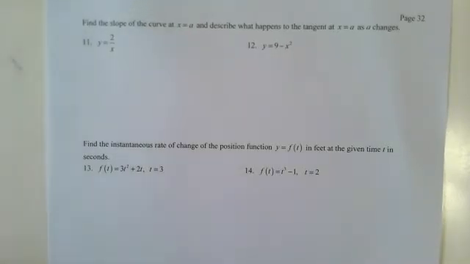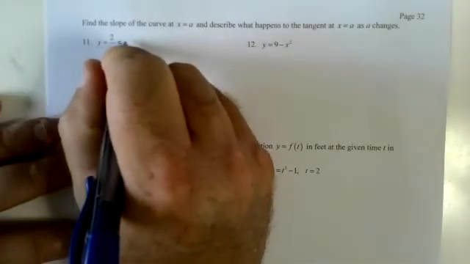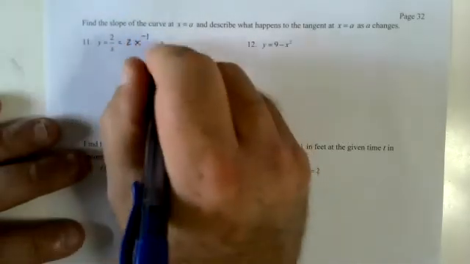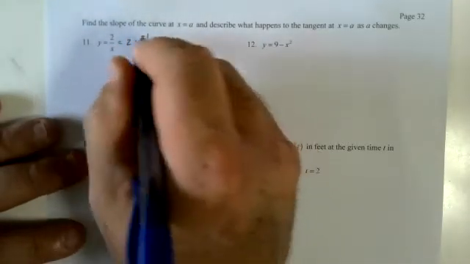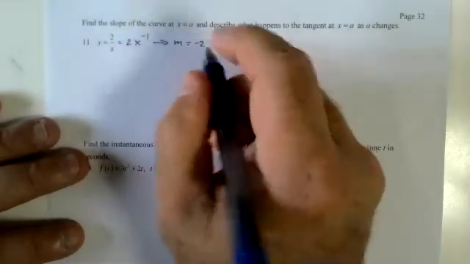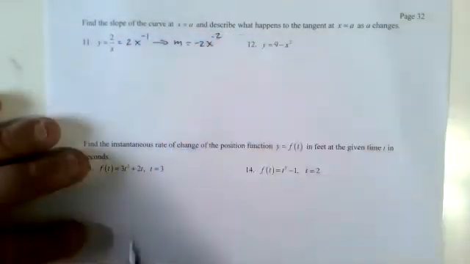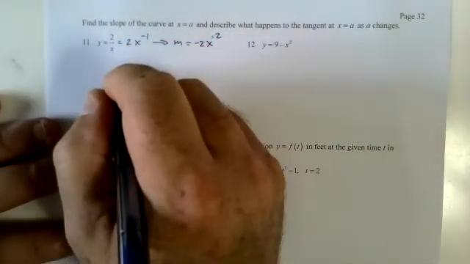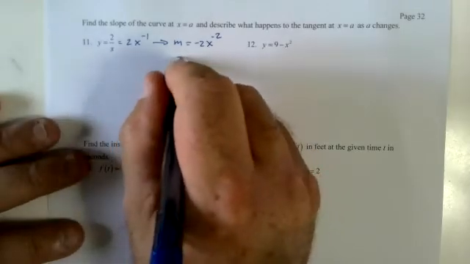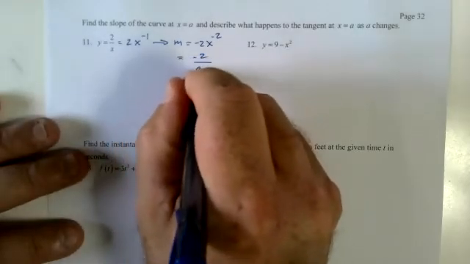Slope of the curve at x equals a. And describe what happens. Now, I've gotten lazy because I'm tired of doing this. So I'm going to say this is 2x to the negative first. Therefore, the slope is negative out front, -2, subtract 1, x to the negative second, m, and that is -2 over a squared.